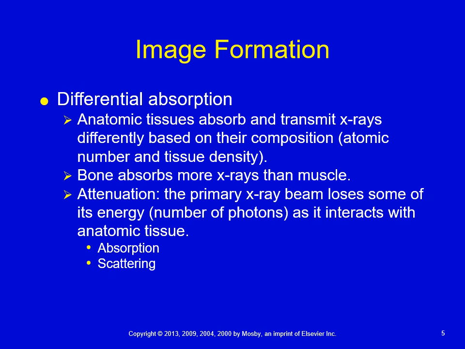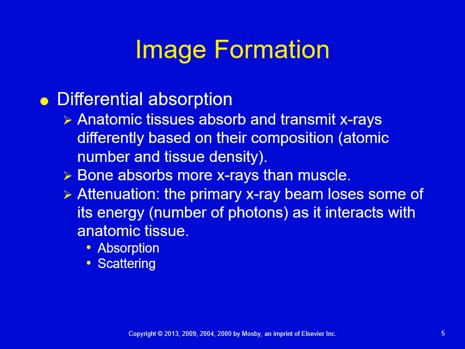Now, in your readings, you might hear something about atomic number, thickness and density of those body parts. That's also going to play an effect. Tissues that have a higher atomic number, like bone, will more readily absorb the X-ray beam, and tissues that have a lower atomic number, such as air, more readily allow the X-ray beam to go through.